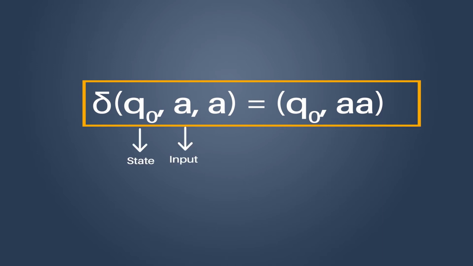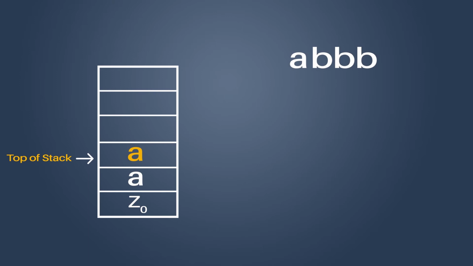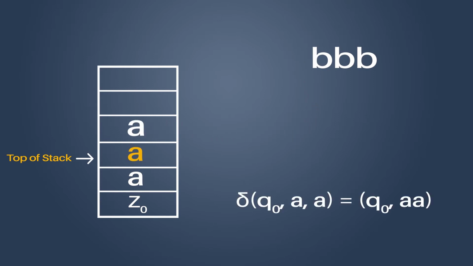If my input symbol happens to be a and top of the stack happens to be a, be in the same state Q0 and just push this a onto the stack. Again, my input symbol happens to be a, and my top of the stack also happens to be a. So the same transition function would help us in pushing this a onto the stack like this.